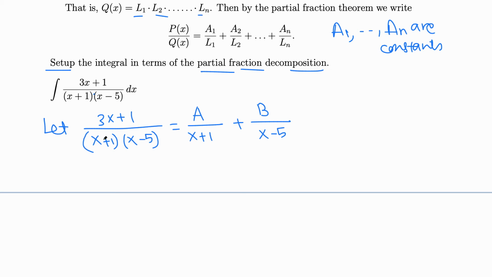So we can write this complex fraction as a sum of simpler fractions called partial fractions.